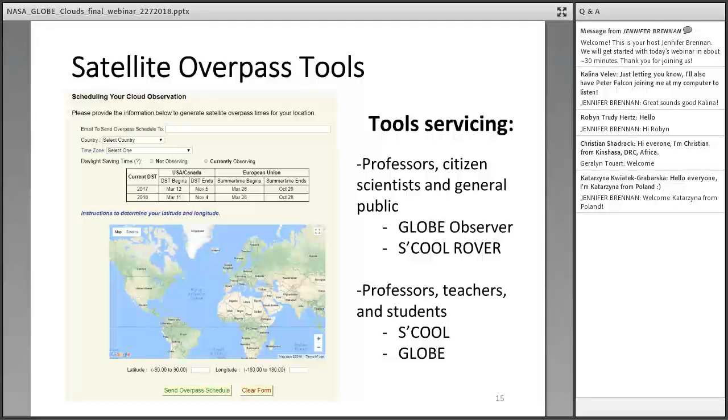Several of the things that I take care of, one is to provide satellite overpass tools so that our observers know when to go out and do a cloud observation. The satellite data we match to is usually plus or minus 15 minutes when the satellite passes over the given location.